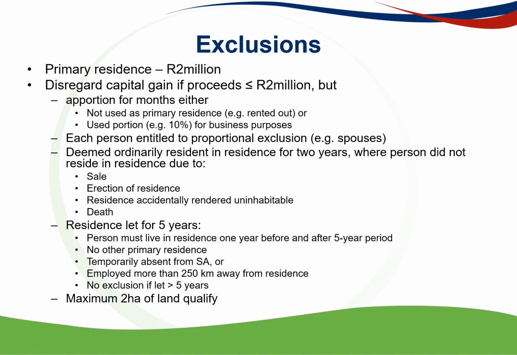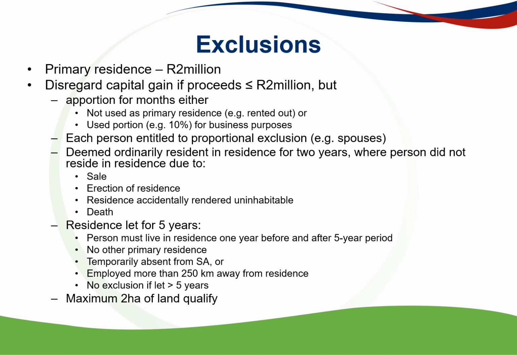But if any portion of a primary residence is used other than as a primary residence, for instance, it has been rented out or a portion has been used for business purposes, then an apportionment must be made for the number of months that it was not used as a primary residence.